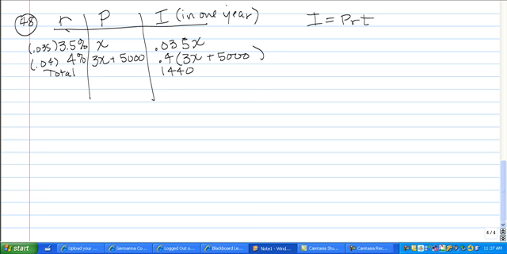Okay, so what do we know? Well, the interest earned on the one account at 3.5% plus the interest earned on the account at 4% is going to total 1,440. So that's where our equation comes from.